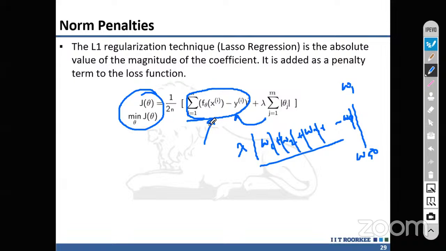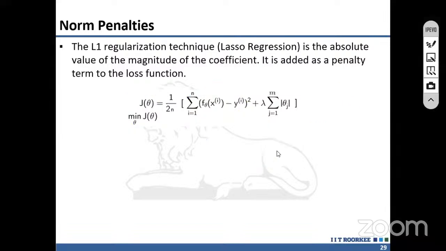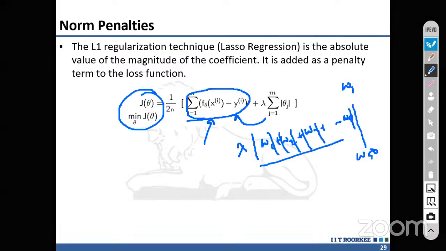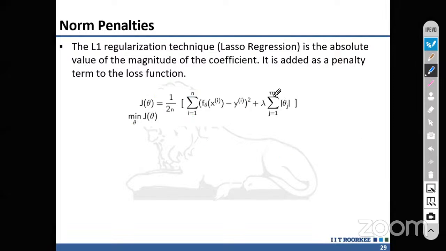So what is the advantage? The advantage is that if you have some weights which are very large, then those weights will be penalized. Because if some of the weights are very large, then you will have a very large error, so this will indirectly add to the total loss.